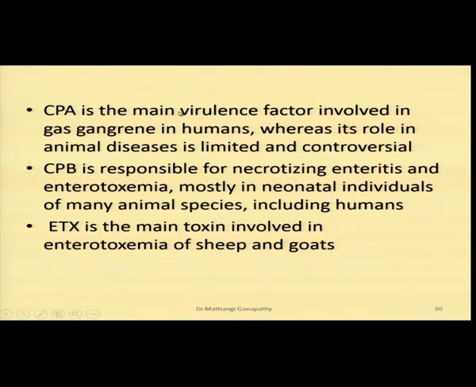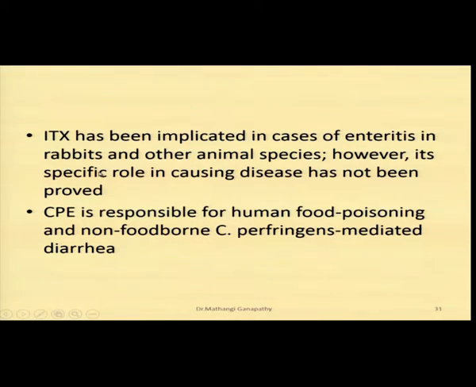CPA is the main virulence factor involved in gas gangrene in humans. Its role in animal diseases is limited and controversial. CPB is responsible for necrotic enteritis and enterotoxemia, mostly in neonatal individuals of many animal species, including humans. ETX is the main toxin involved in enterotoxemia of sheep and goats.